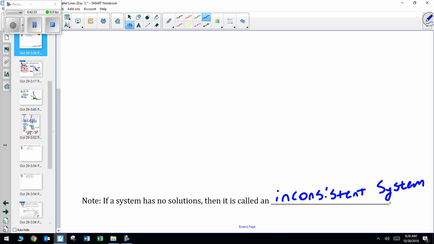Okay, if it has no solutions, it's an inconsistent system. So no solutions would be like if you solved it and you got like 2 equals 1, right? Then that system would be no solutions. We call it inconsistent. Okay.